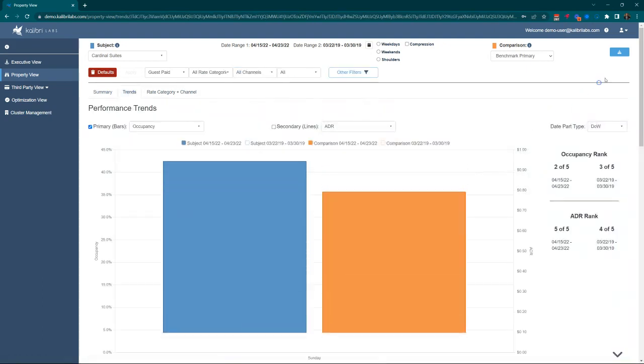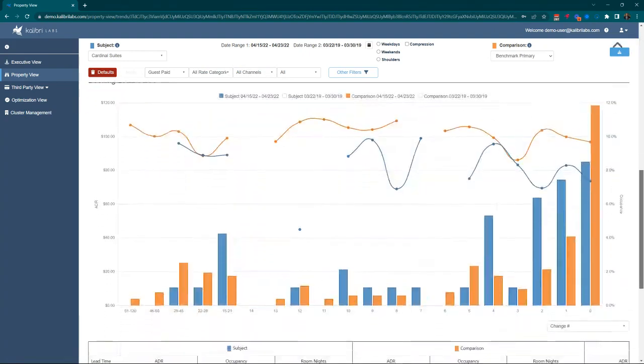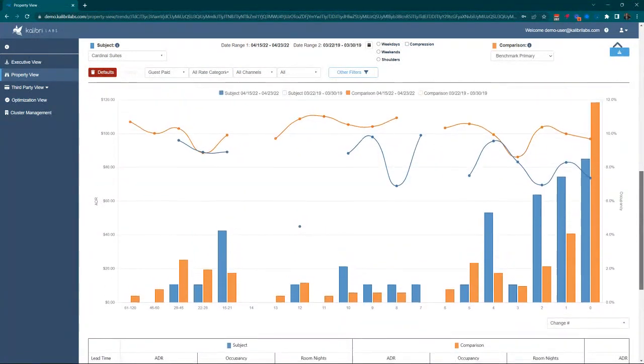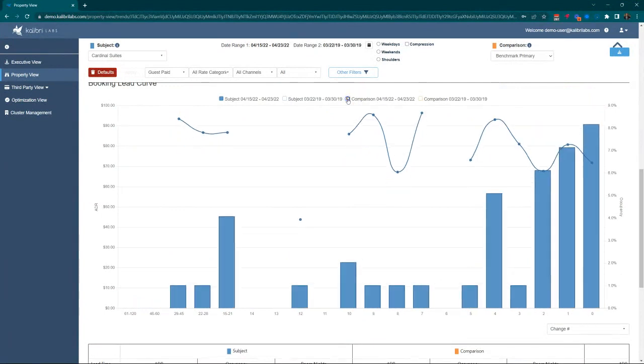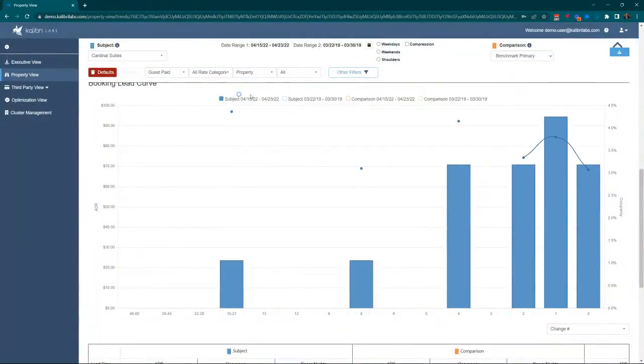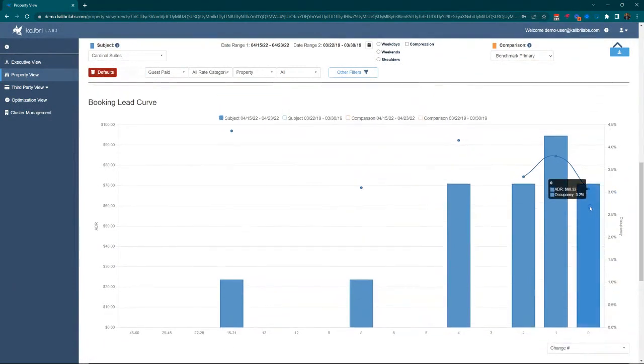Moving into the Trends tab, just about halfway down the screen, that's going to pull out the booking lead curve. Again, we want to keep it simple with just our own hotel's comparison, and let's isolate that Property Direct channel. Using the booking lead curve, we can see not only when those reservations were keyed in, but at what rate.